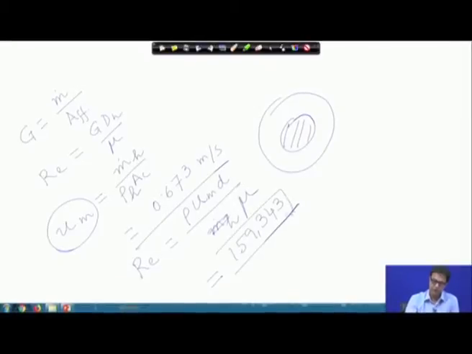We know the Reynolds number is much more than 2300, and obviously we can understand that this is a turbulent flow. So we have to use the turbulent correlations, and as we have said, we will be using the Nusselt number at the bulk temperature as I have shown.